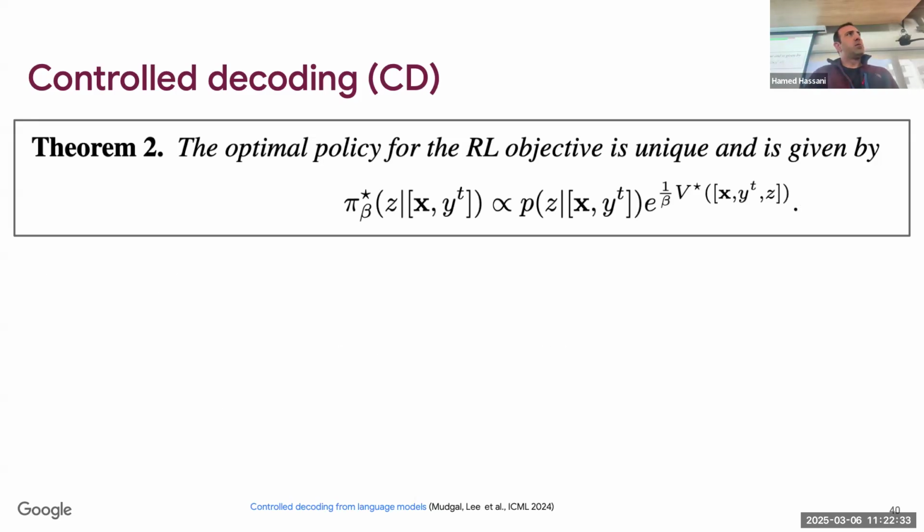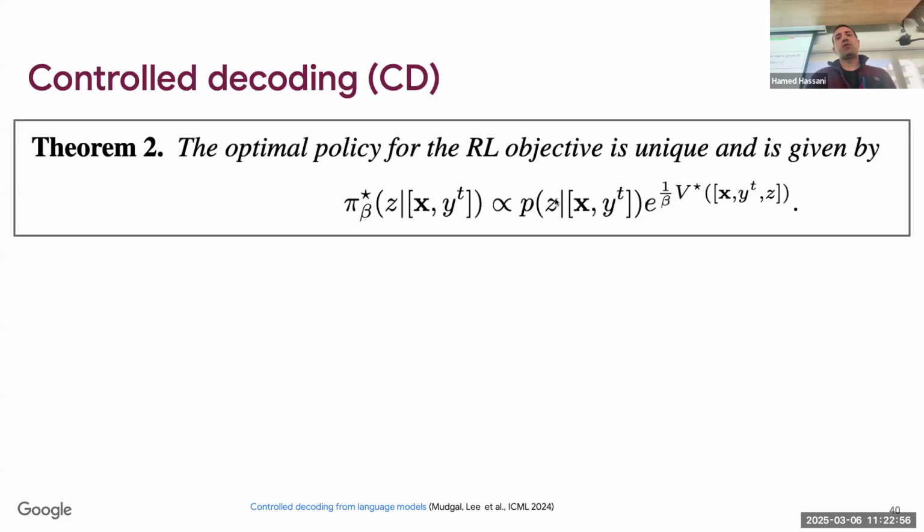This is the optimal value function, right? So now if I did have the optimal value function, then the problem was solved, but I do not have the function. That's a very good question. But if I did have the value function, I could actually sample from this, right? Why? Because this value function is giving me this probability.